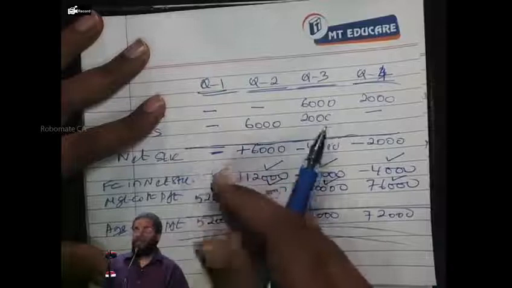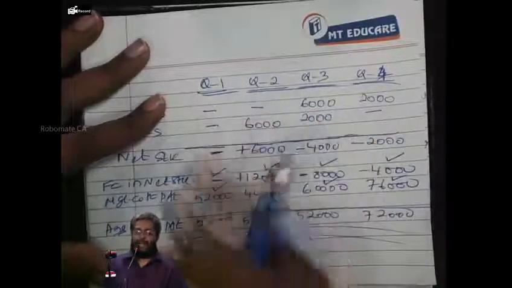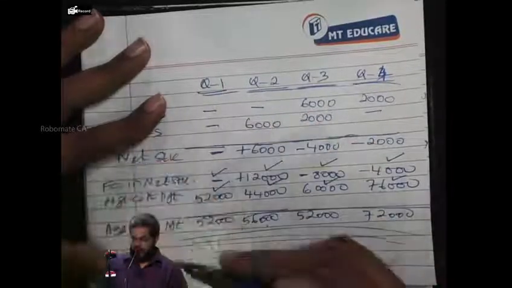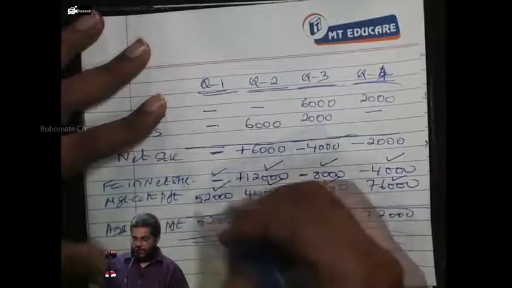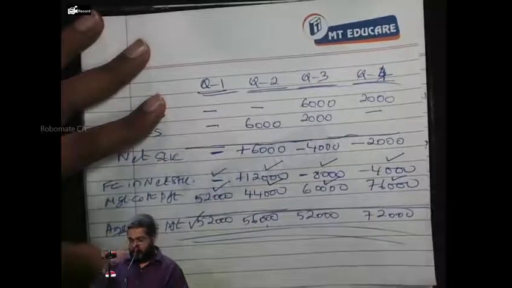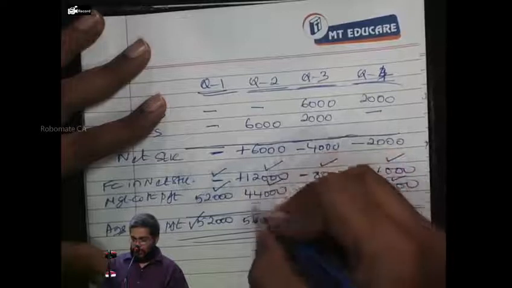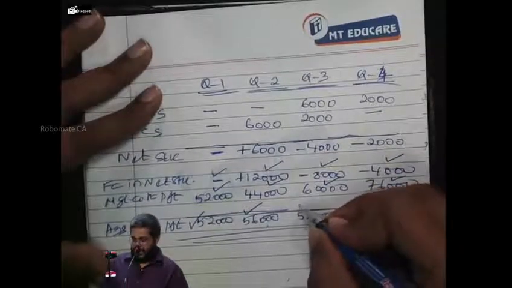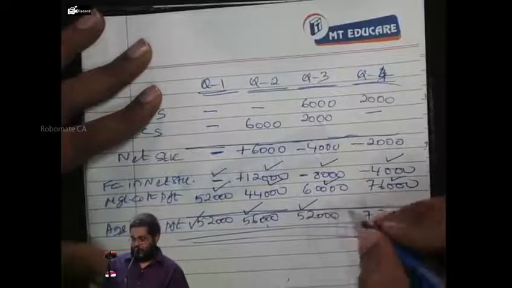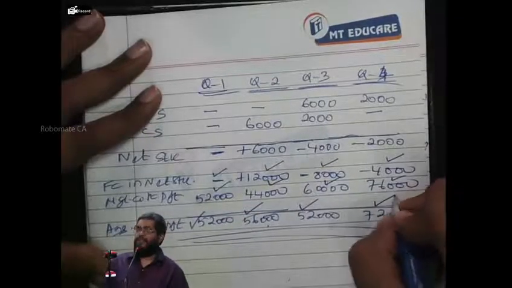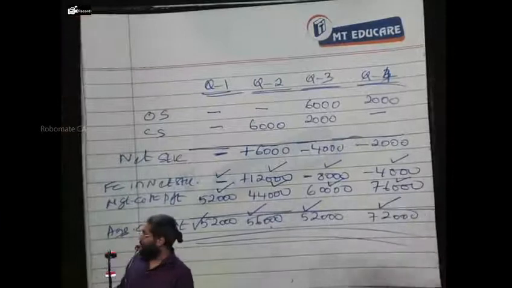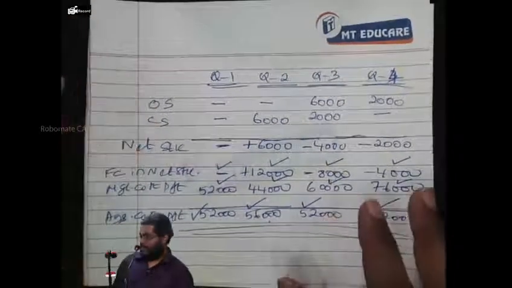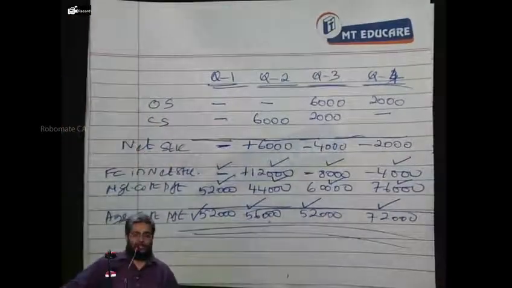Marginal costing profit plus or minus fixed cost inside what? Net stock. 52,000 plus 0, 52,000. 44,000 plus 12,000, 56,000. 60 minus 8,000, 52,000. 76 minus 4, 72,000. This is the profit under absorption costing system.